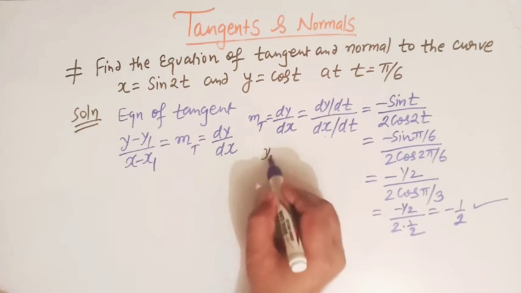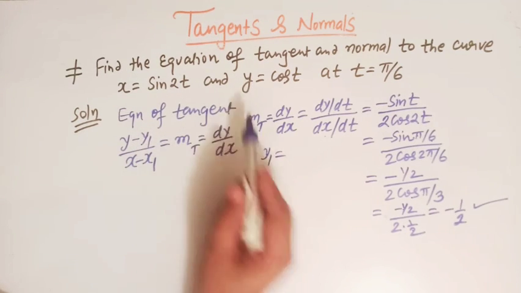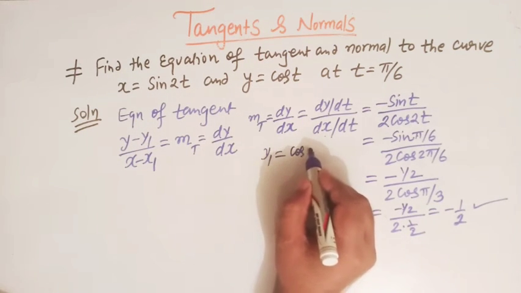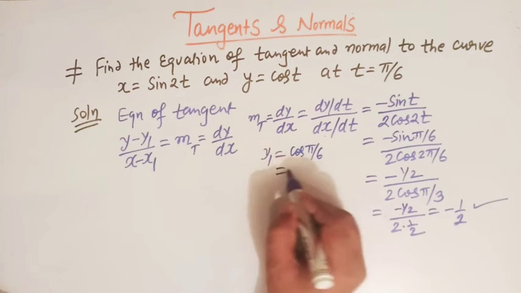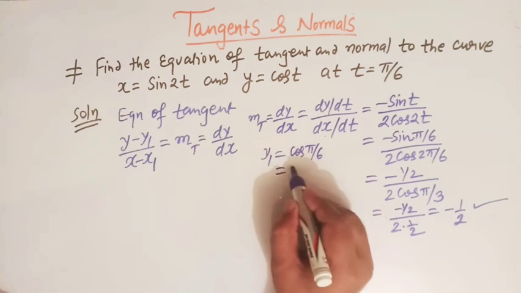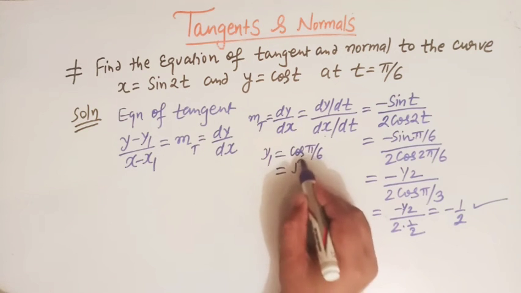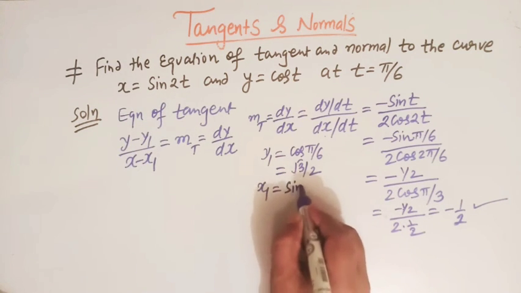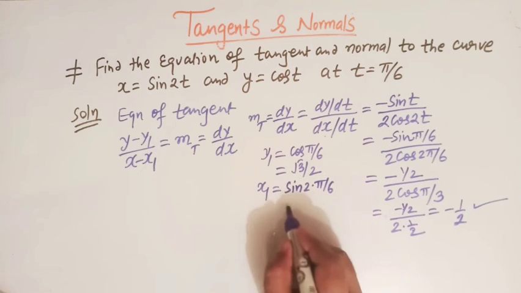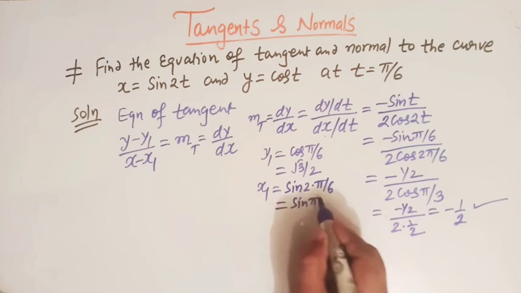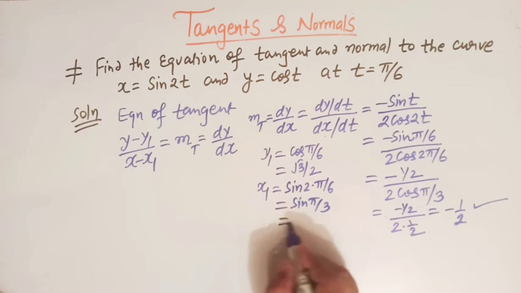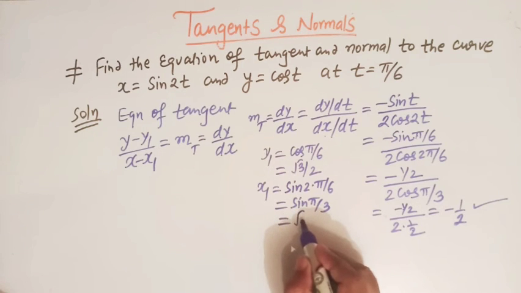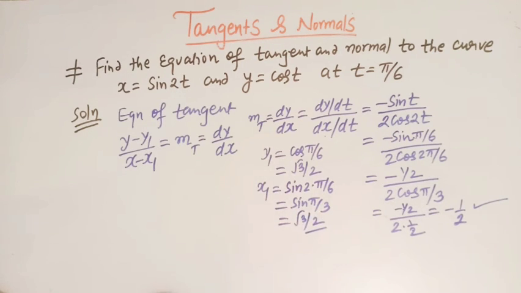Now what is y1? y1 is cos pi by 6, and this is cos 30 degrees, which is root 3 by 2. And what is x1? x1 is sine of 2 times pi by 6, that is sine pi by 3, and this is sine 60 degrees, which is again root 3 by 2, right?